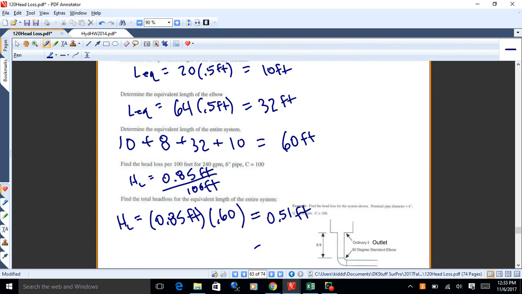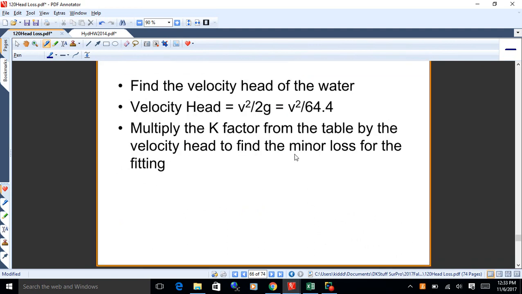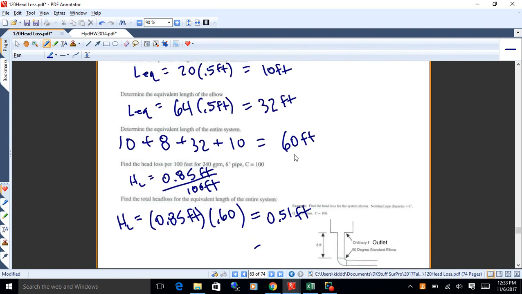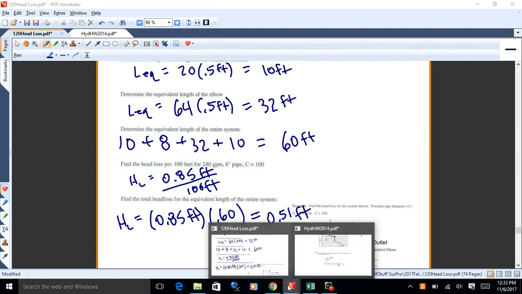So why don't you have a look at that on the homework, 12.1. It's almost towards the back of the book there. It's got a couple lengths of pipe and a gate valve, half open gate valve.